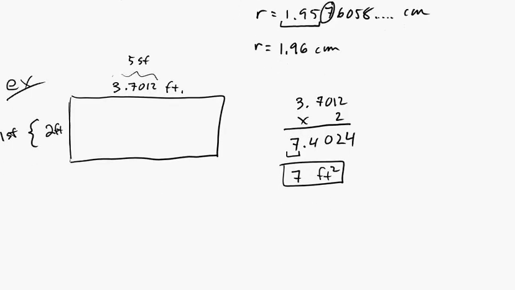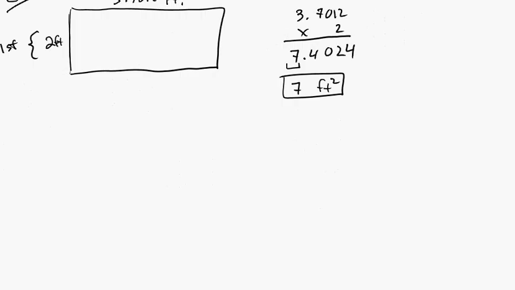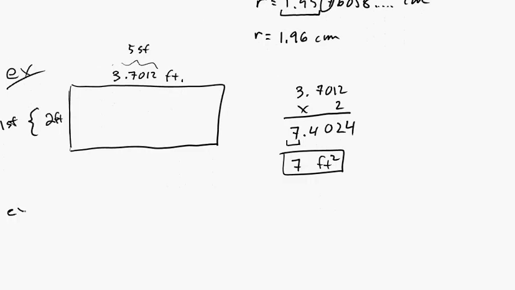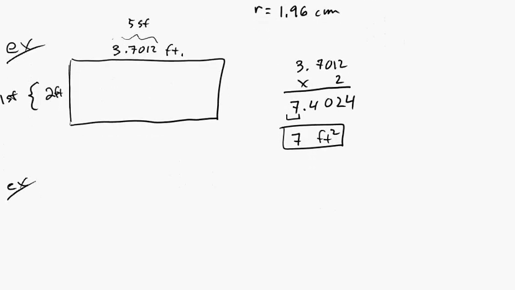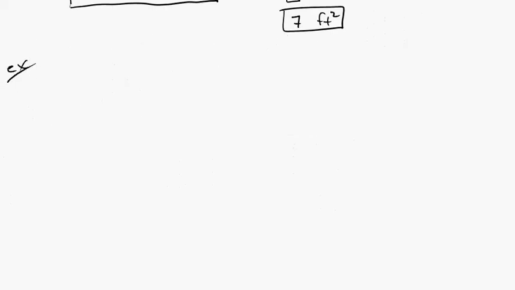Okay, we're going to do one more example. This is an example I took from the book. It involves red blood cells. They're taking these red blood cells, and they're taking the radius of them. The radius of the first one they measure to be 5.0 times 10 to the negative 6 meters.